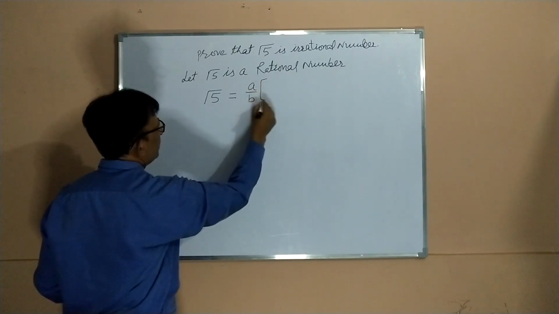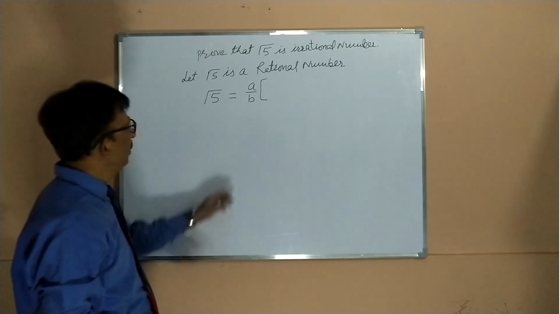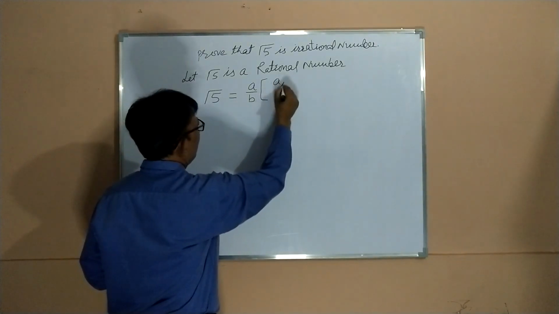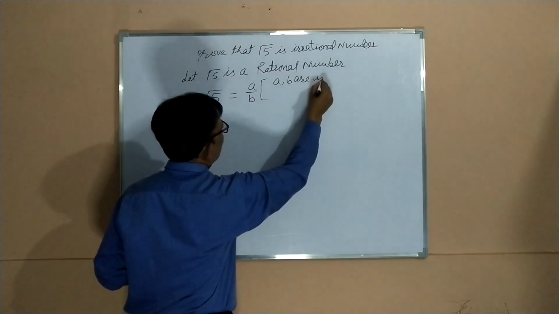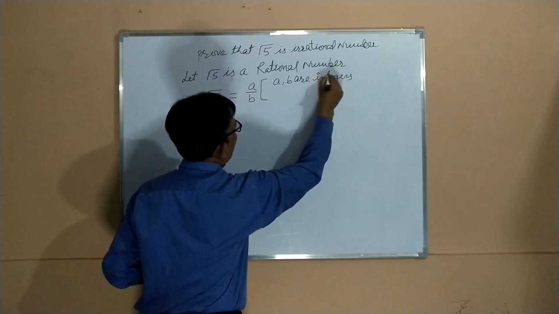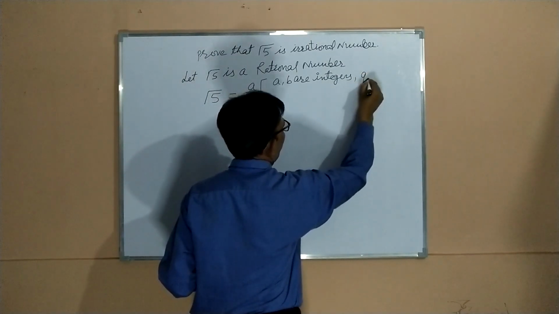A upon b form means numerator over denominator form. Here a and b are what? A and b are integers where b is not equal to 0.